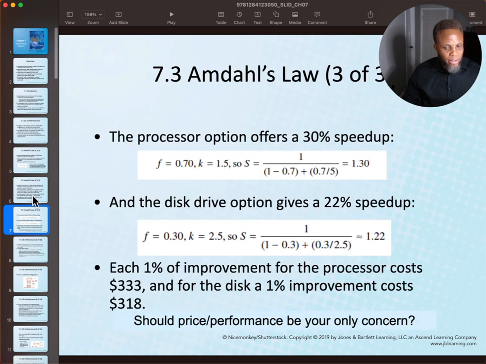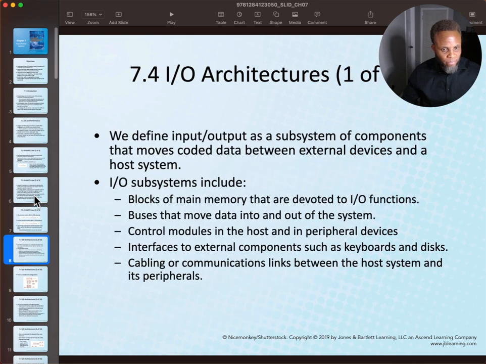All right. So that is that. Now, we talked about Amdahl. Amdahl just told us what part of the system we want to upgrade. However, there is the whole concept of I/O subsystems, right? You have the input and the output.